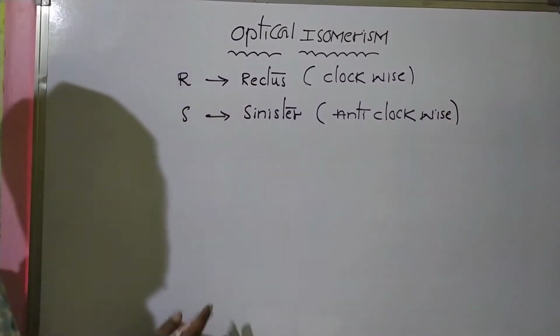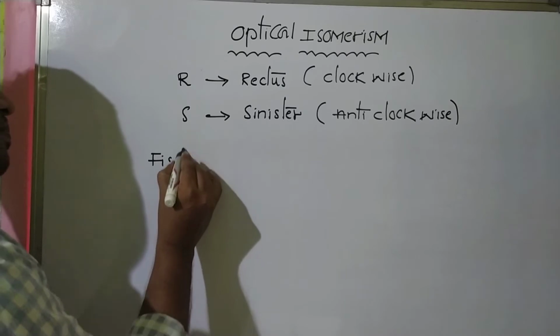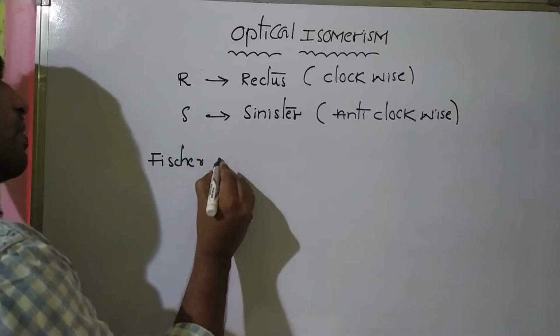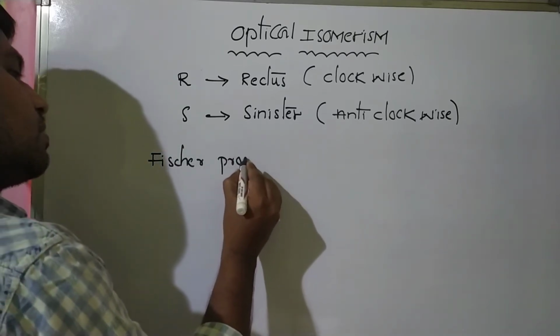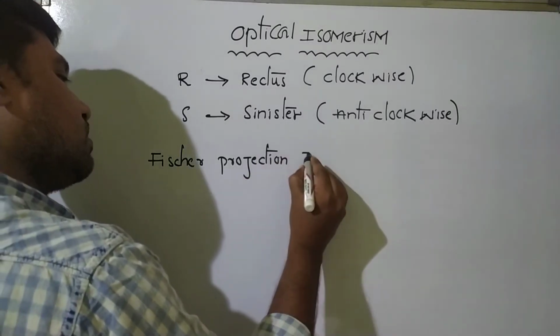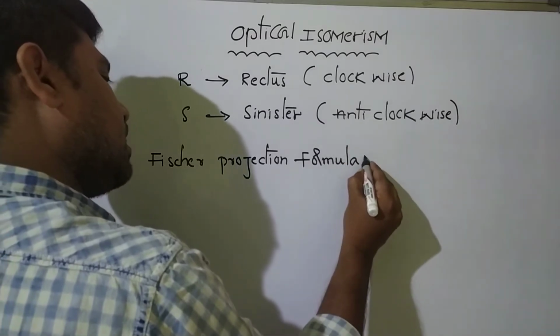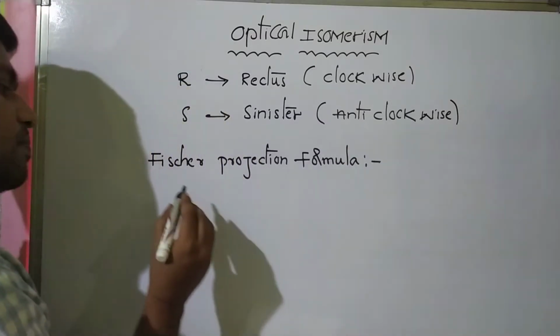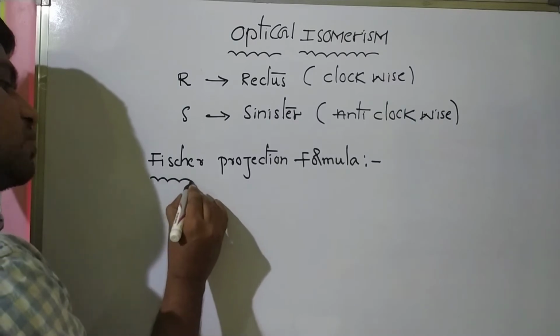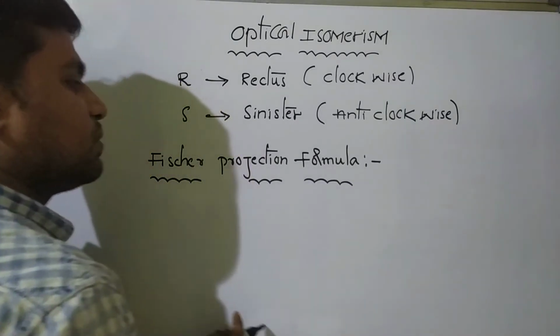Okay. Now, Fischer projection formula. Generally, the RS configuration system is explained with the help of Fischer projection formula. Okay, students.